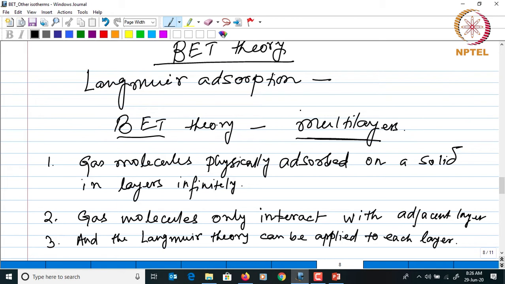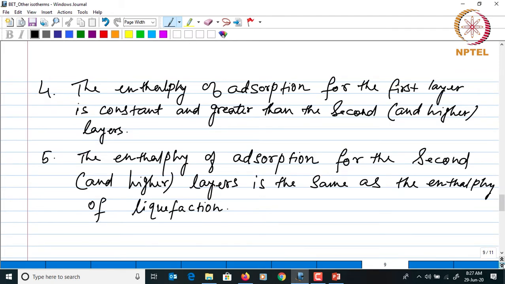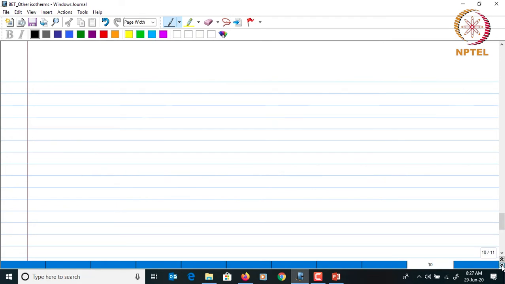The gas molecules interact only with the adjacent layer, and the Langmuir theory can be applied to each layer. The enthalpy of adsorption for the first layer is constant and is greater than the second and also the higher layers. And finally, the enthalpy of adsorption for the second and the higher layers is the same as the enthalpy of liquefaction. So with these assumptions, the Langmuir isotherm can be modified as follows to obtain the BET isotherm.